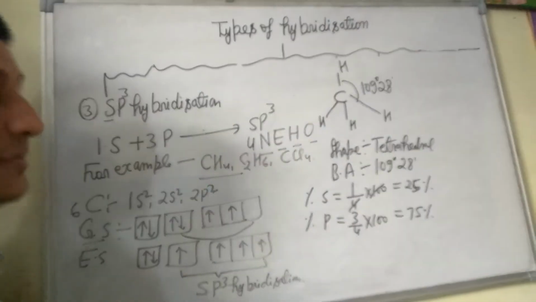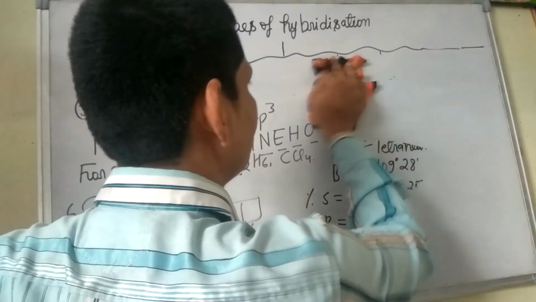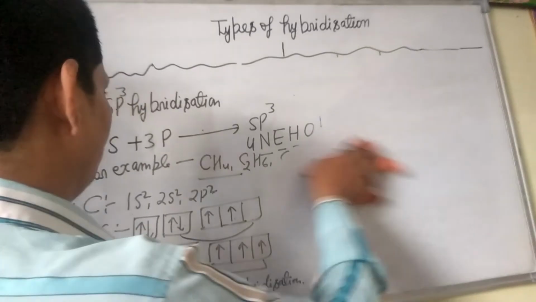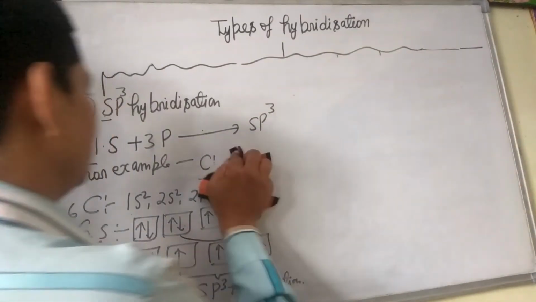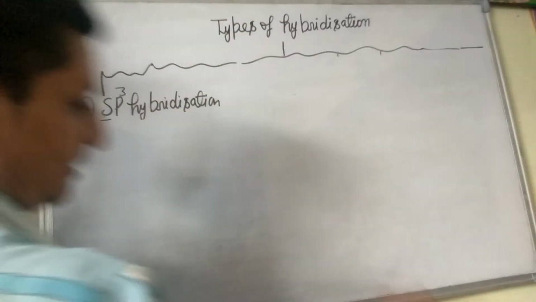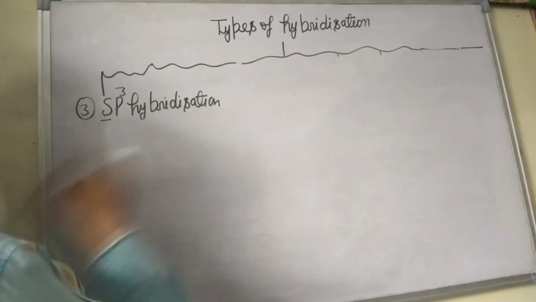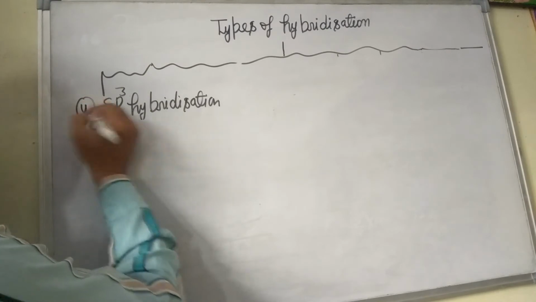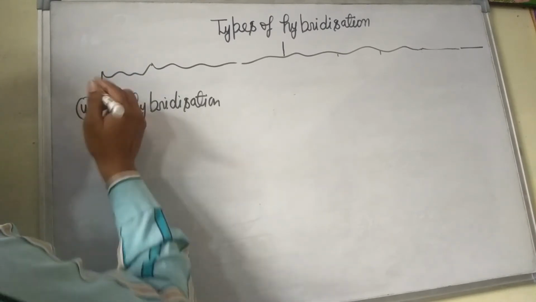Okay students, after this next is sp3d hybridization. What is sp3d hybridization? When 1 s orbital, 3 p orbitals and 1 d orbital mix together. Number 4 is sp3d hybridization.